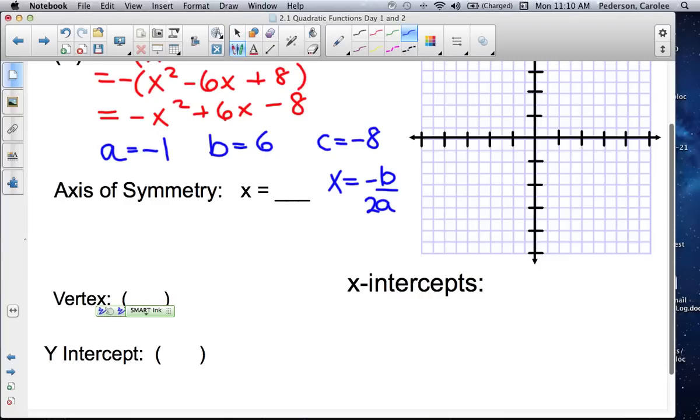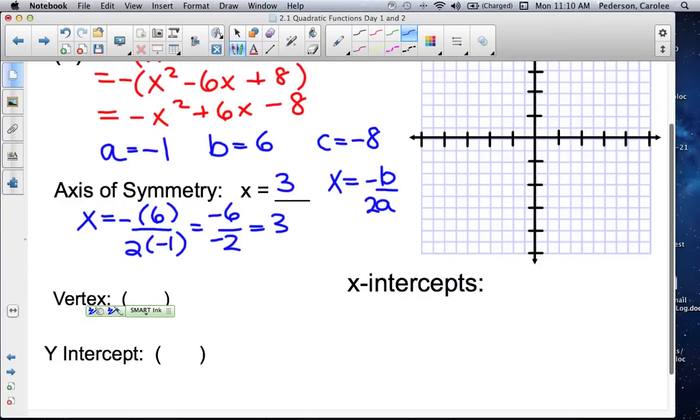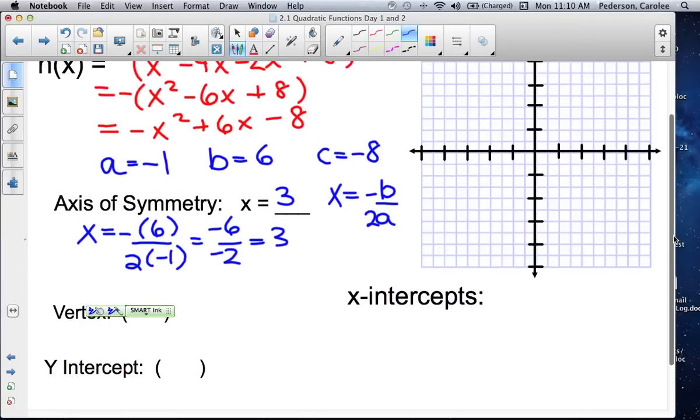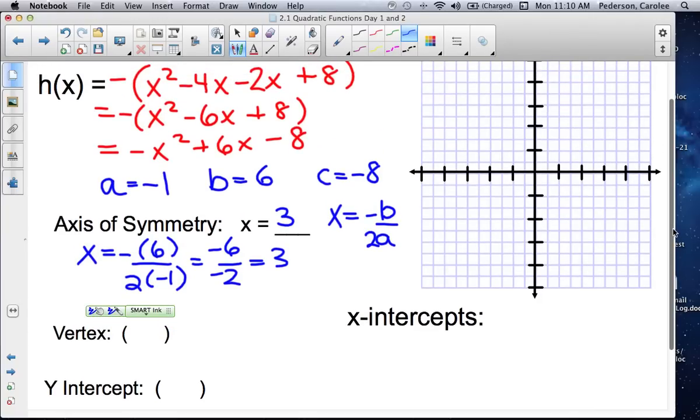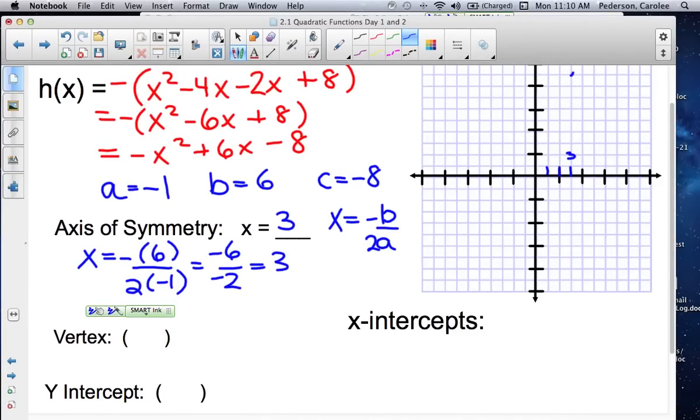So let's go ahead and find that now. x equals negative, and then our b is 6 over 2, and our a is negative 1. So we get negative 6 over negative 2, which is 3. So the equation for the axis of symmetry is x equals 3. So over on my graph, I would go over 3 units and draw a vertical line.